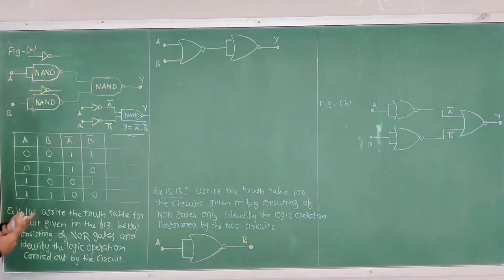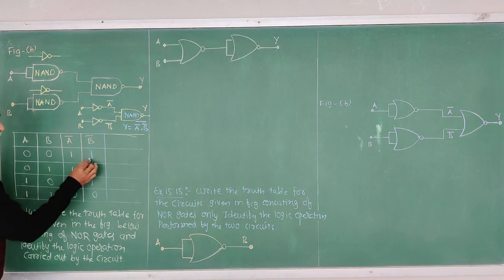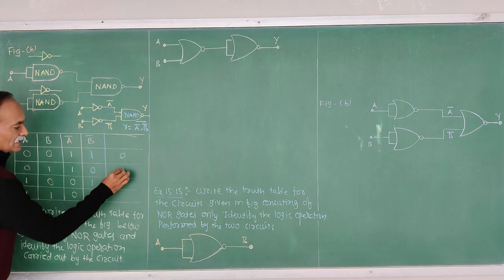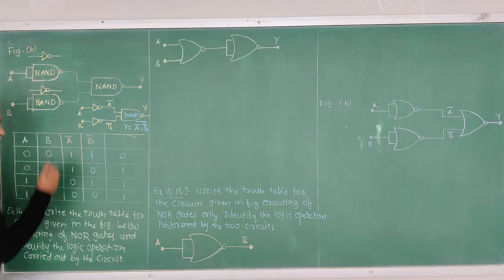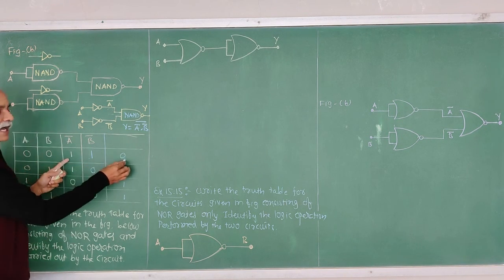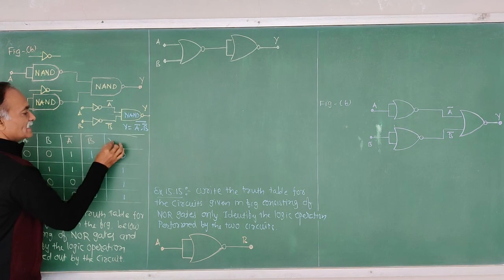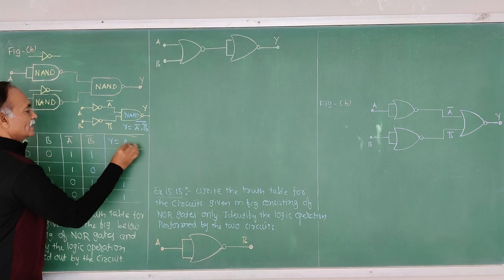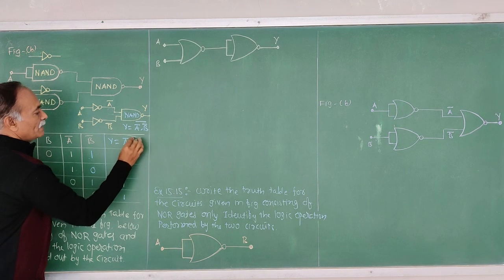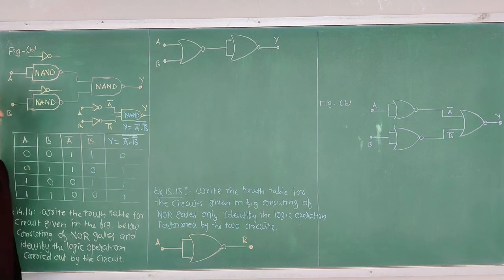If both inputs are 1, then the output is 0, otherwise 1. That is the characteristic of the NAND gate. Therefore A bar dot B bar, whole bar acts as the OR gate.